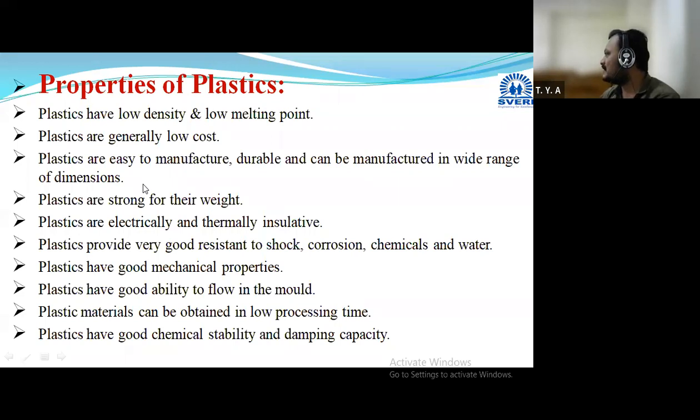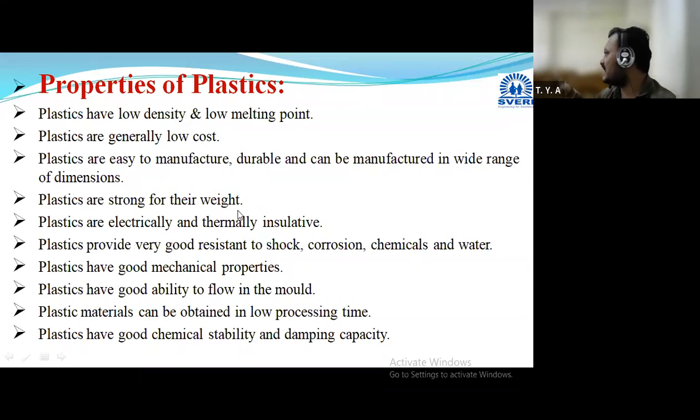Are you getting this point? You can give desired dimensions and they are very durable. Their life is very long. Then plastics are lighter in weight, but they also provide better strength.